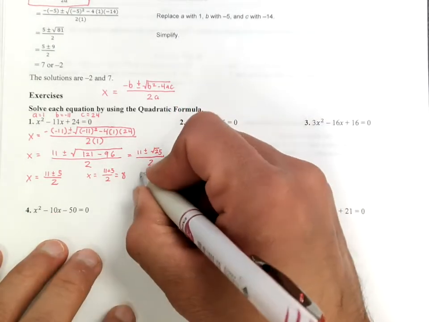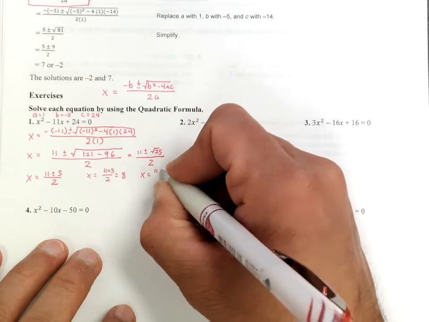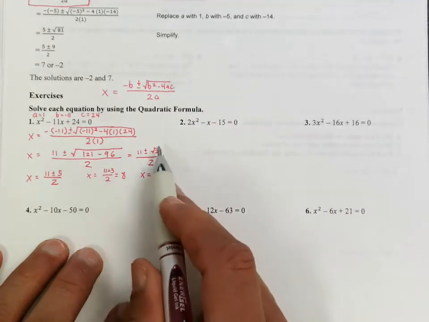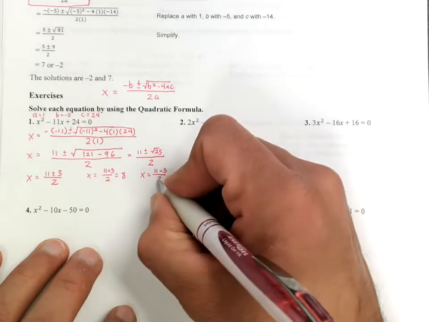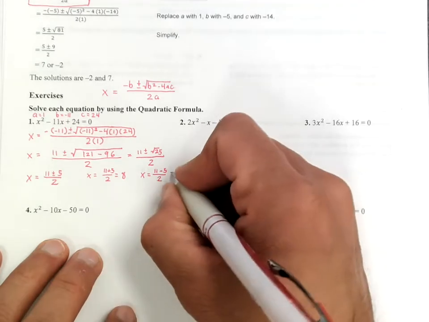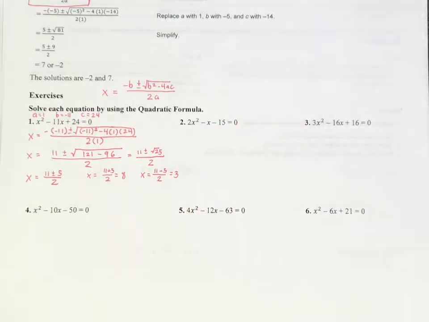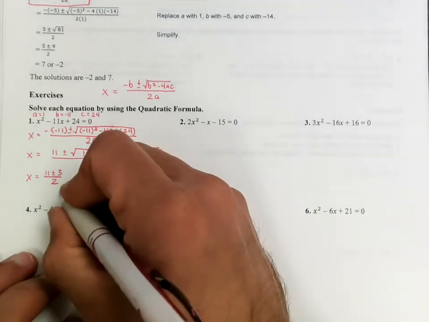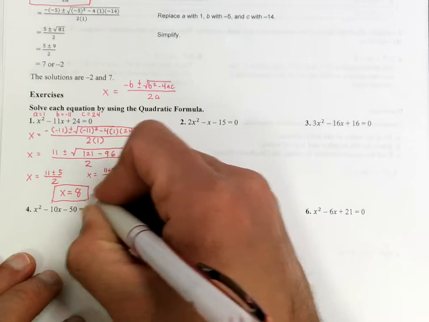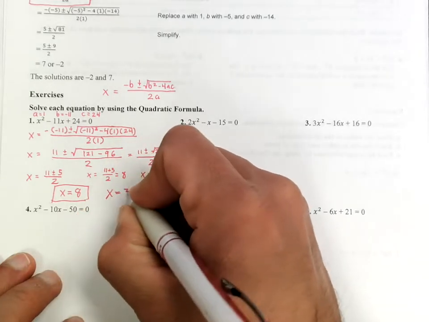And the other answer is x is going to be equal to 11 minus 5. That's what the plus or minus really means, right? You have two different numbers over 2. So 11 minus 5 is 6, and 6 divided by 2 is 3. So on this one, I have two rational roots, and x is equal to 8 and x is equal to 3.